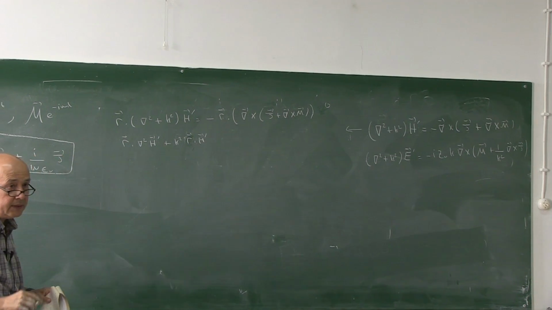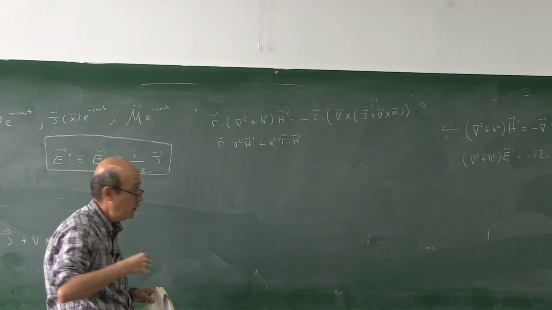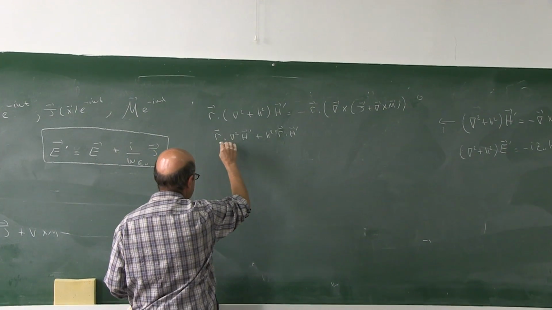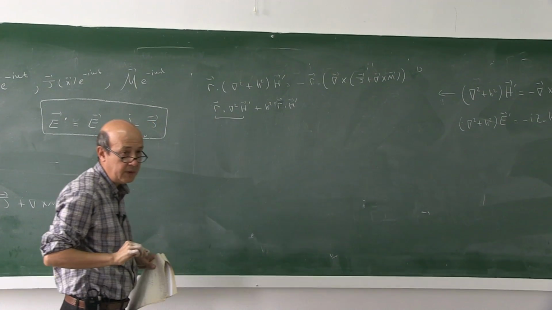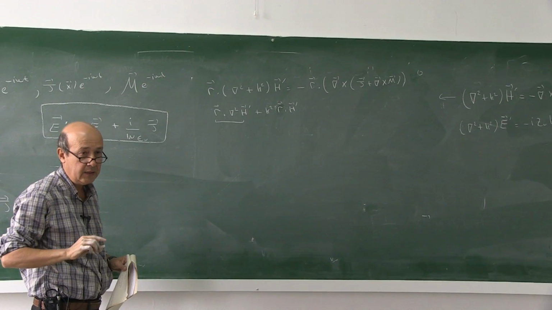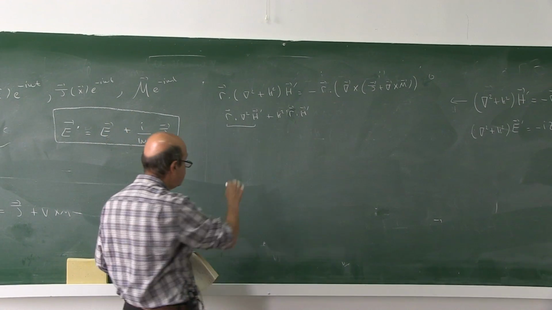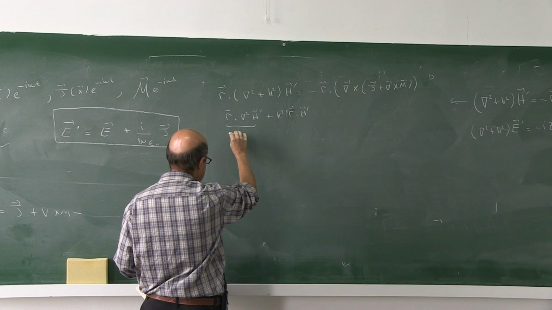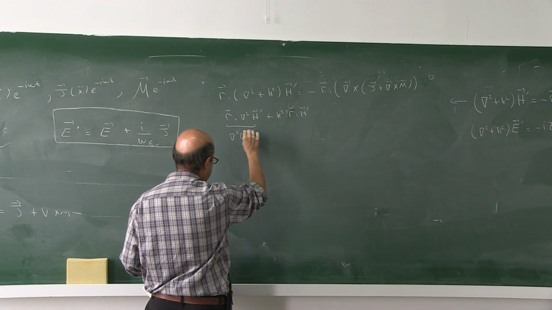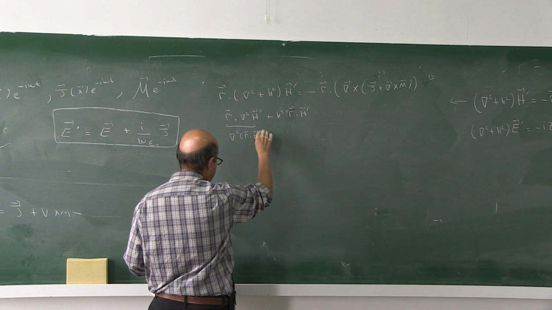Do you remember what we have done two days ago? For that term, R dot Laplacian of H prime was equal to what? If you look at the lecture notes, that is nothing but Laplacian of R dot H prime.